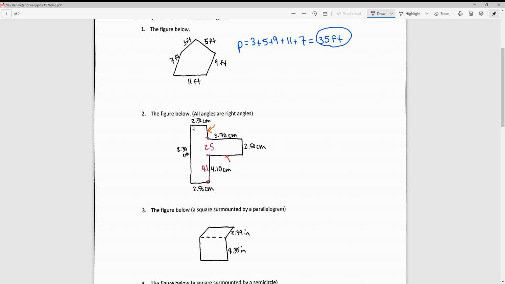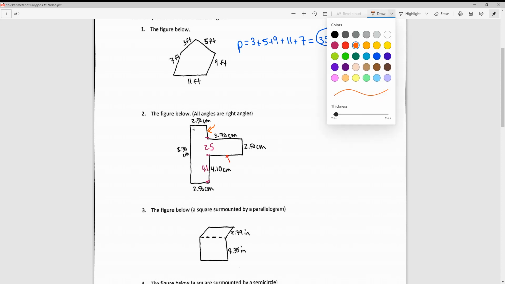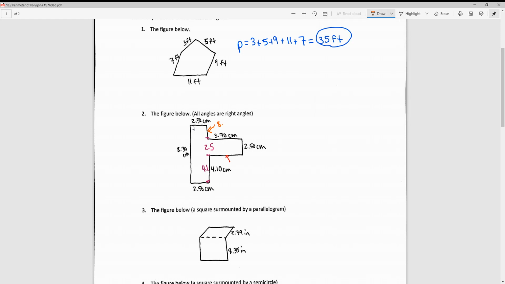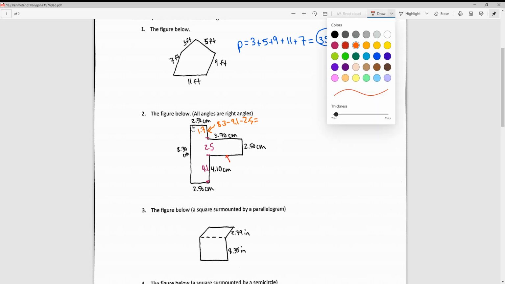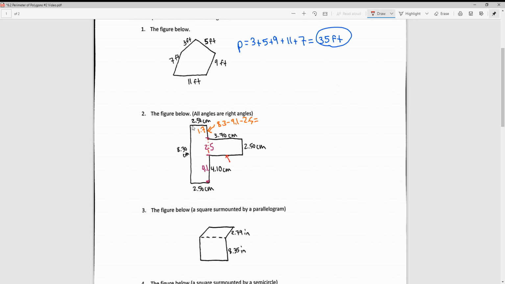To find that missing part that I'm pointing at in orange, I need to do 8.3 minus 4.1 minus 2.5, which gives us 1.7 centimeters there. For the one that's marked with a red arrow, if we think of this as being its own rectangle, since this is 3.7 centimeters, this one right here is also 3.70 centimeters.